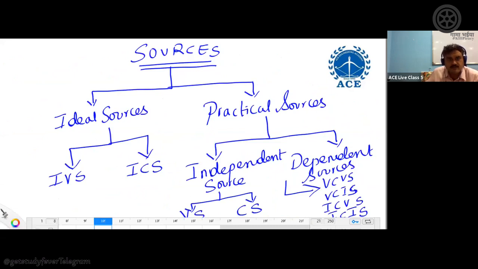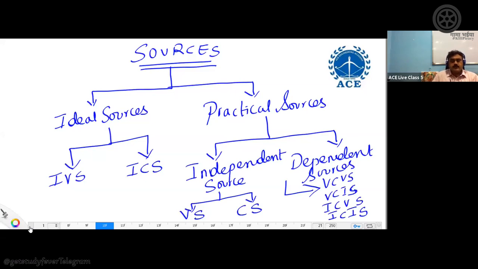So these are the different sources we have taken: ideal voltage source, ideal current source, practical voltage source, practical current source, and dependent sources. So just have an idea on all these types of sources. There should not be any doubt later on.